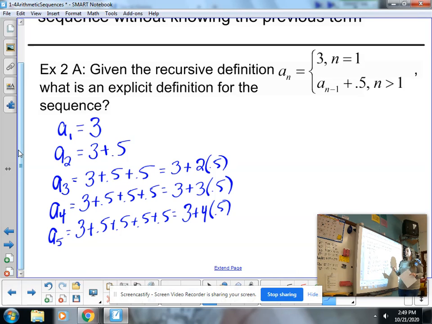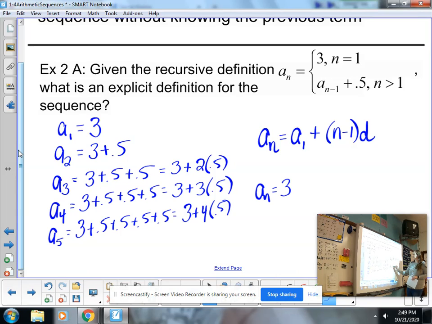So if I was finding the 71st term, there would be seventy 0.5s, which means that if I am finding the nth term, I am going to have whatever my initial term is, and I am going to have one less than the term I'm trying to find times that common difference. So again, if n is 32, I would have 31 of these d's, whatever this common difference is.